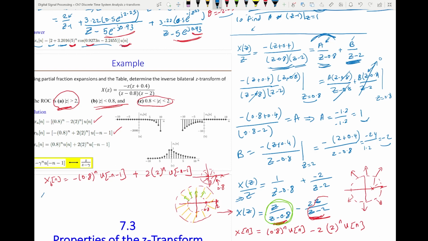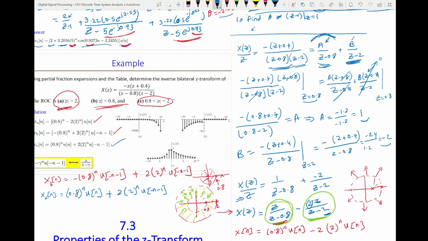So if I call this xc of n, it will be 0.8 to the n u of n, minus. Now for this term, the region of convergence is inward. So this will be anti-causal. It exists for negative n. So it will be minus, the 2 here will be here, and then gamma is 2 to the n u of minus n minus 1, since it's anti-causal. And minus times minus, that's plus, so let's write it positive. And this is the answer.